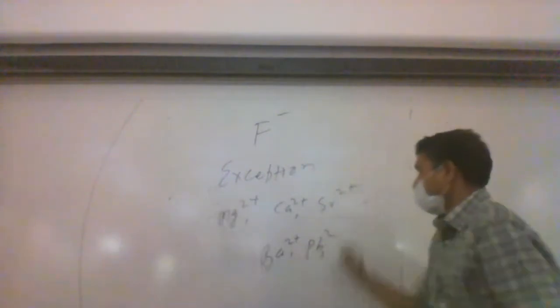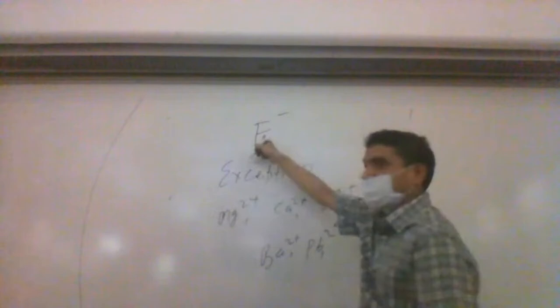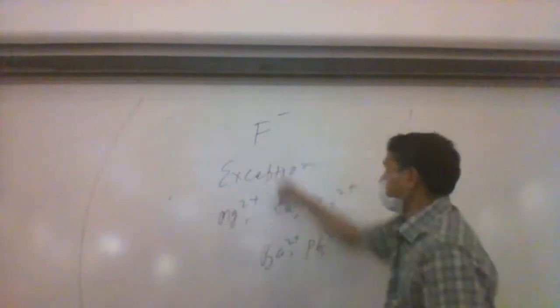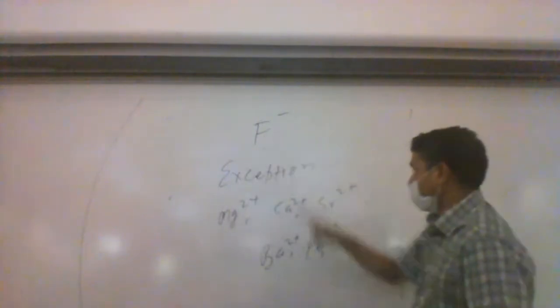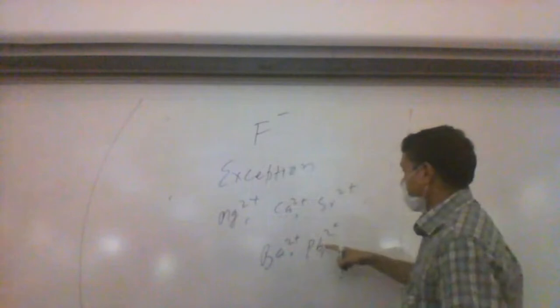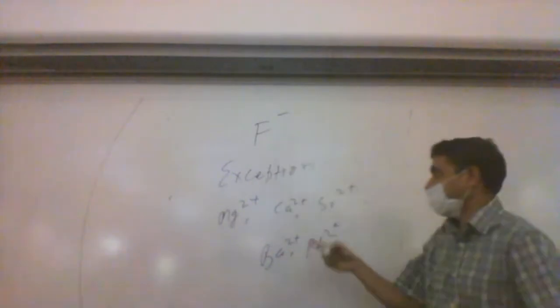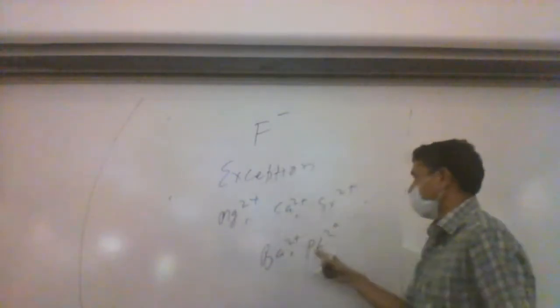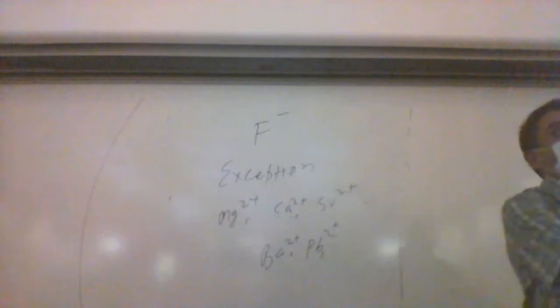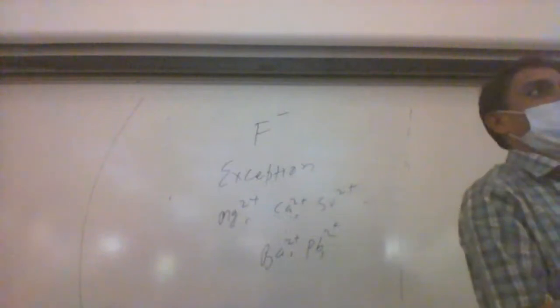So how many compounds can you make with this? Magnesium fluoride, calcium fluoride, strontium fluoride, barium fluoride, lead fluoride. 1, 2, 3, 4, 5. All these are insoluble in water. That's what it means.